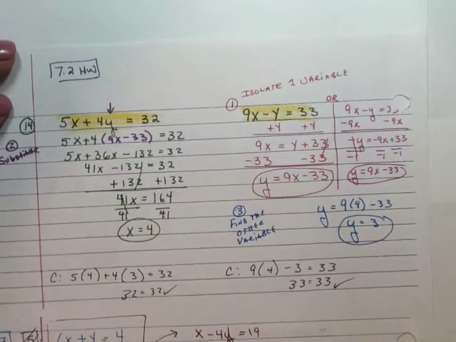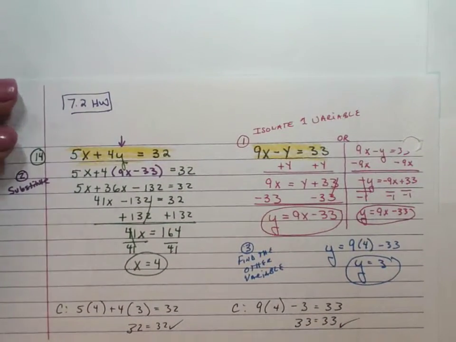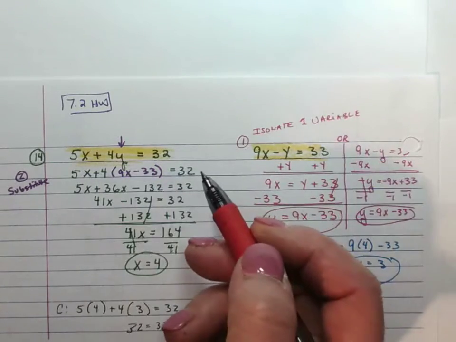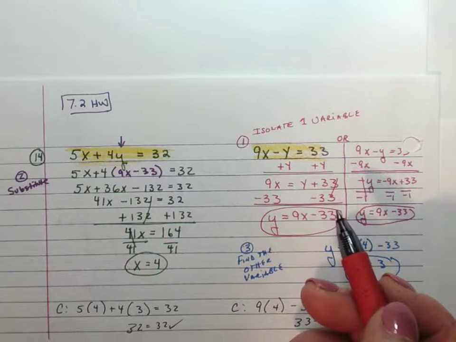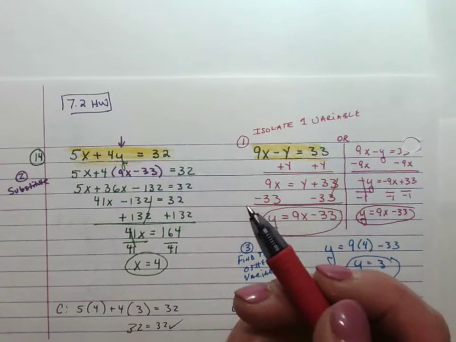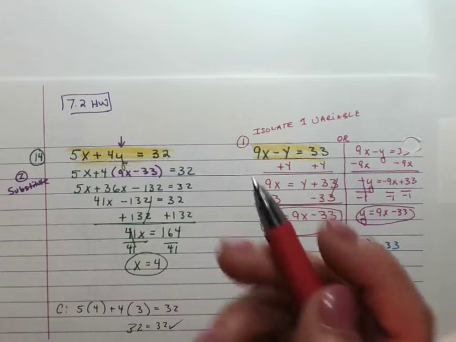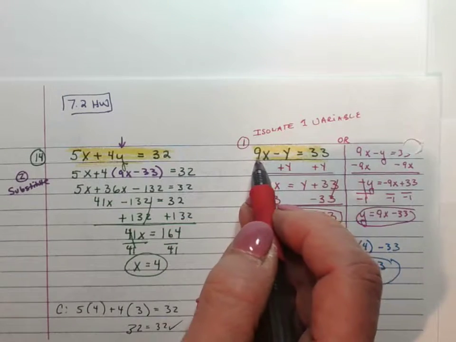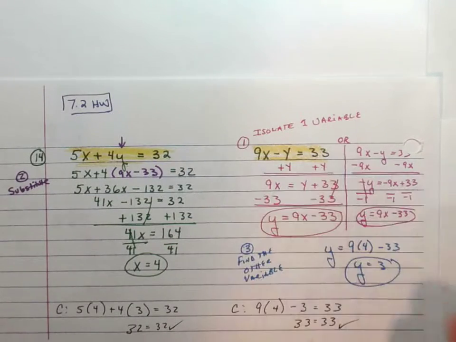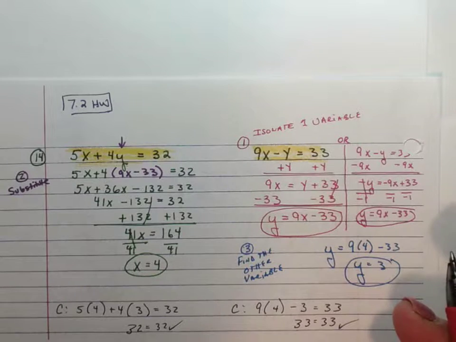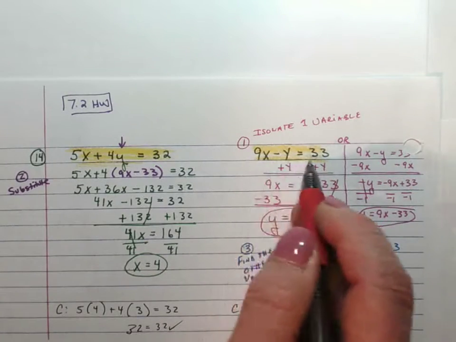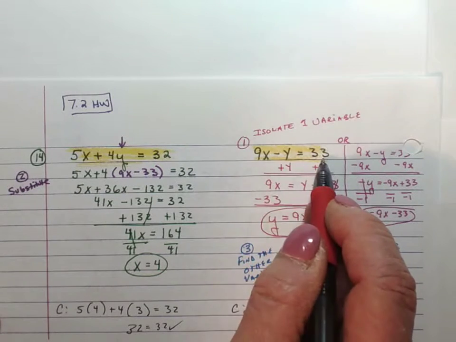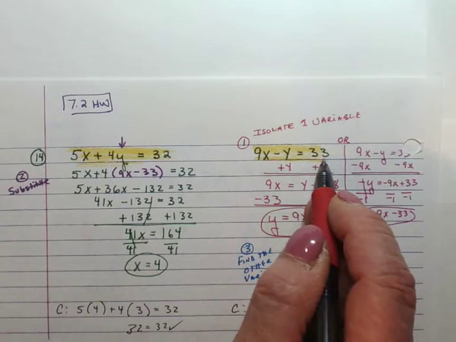Number 14 was a little bit more challenging, because you had to take one of these equations, right? And you had to isolate it for x or y. And I chose to take the first equation, the 9x minus y equals 33, because that would have been the easiest equation to isolate.